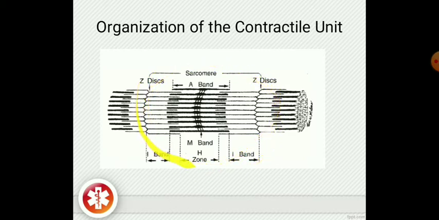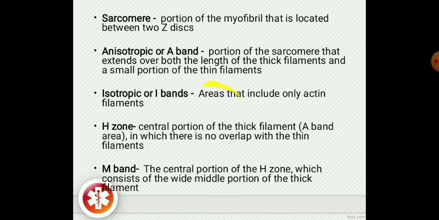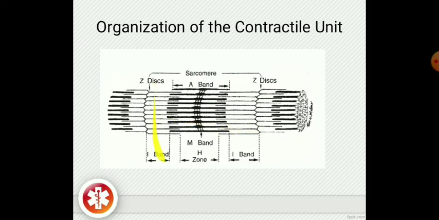It is made up of a single sarcomere. A single sarcomere is something that lies between two Z discs. Between two Z discs there are many components that make up this sarcomere compartment. As you can see, there are things called bands and zones.